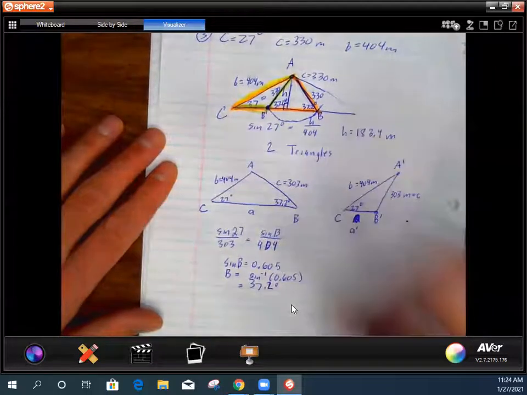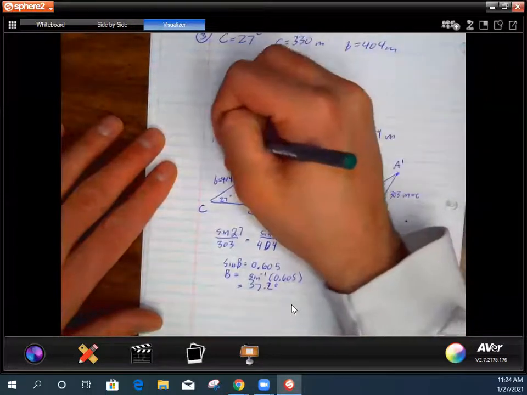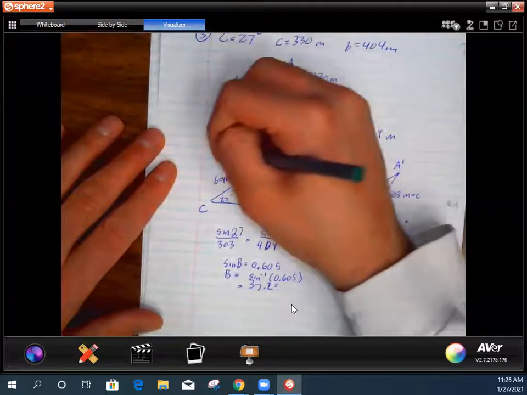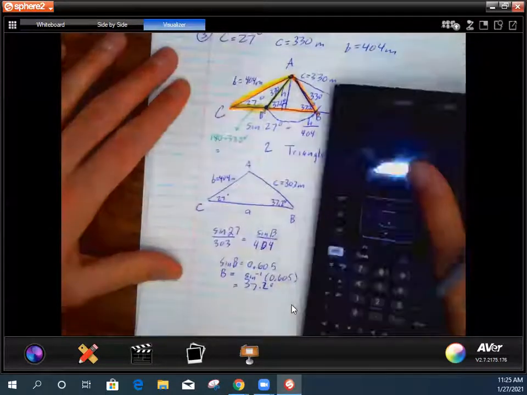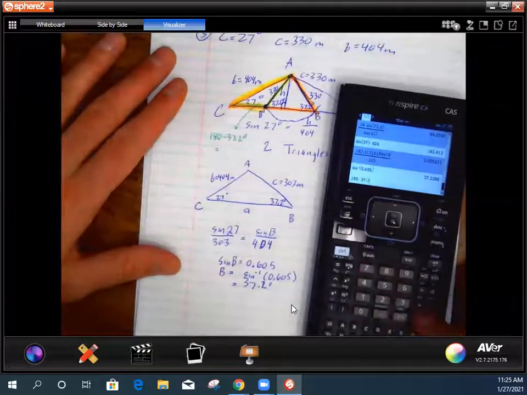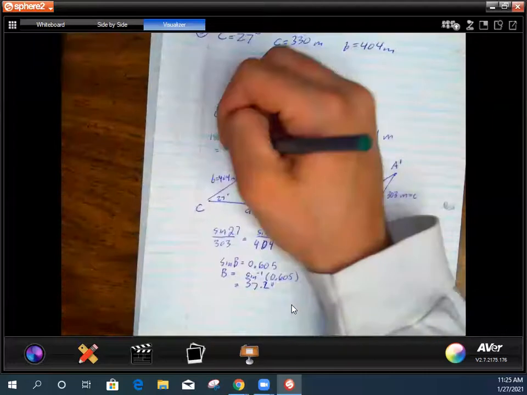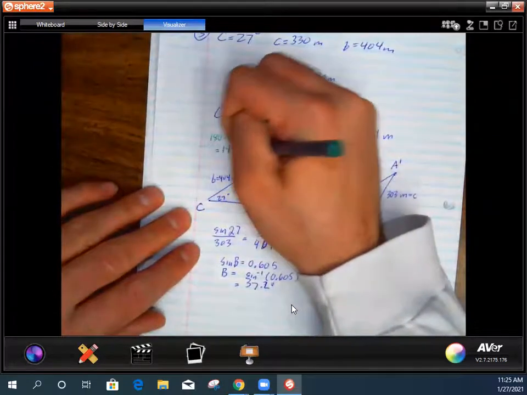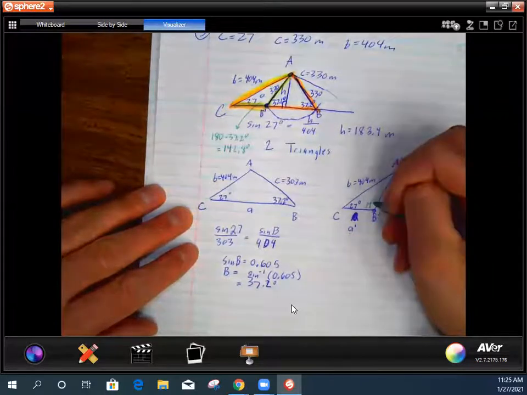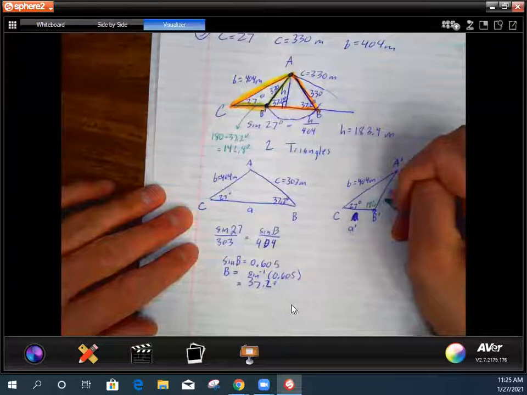So this angle is going to be 180 minus 37.2 degrees, which is 142.8, which means this angle in this picture, the obtuse triangle, is going to be 142.8 degrees.